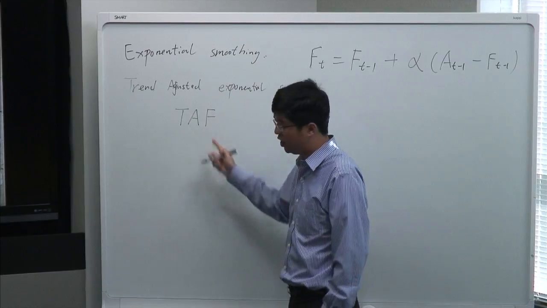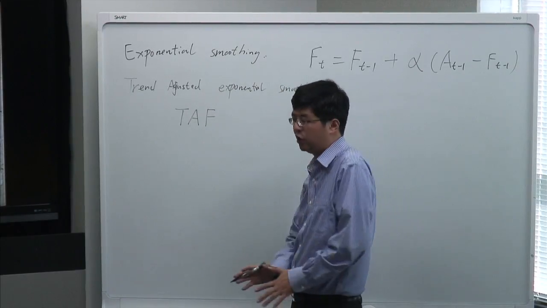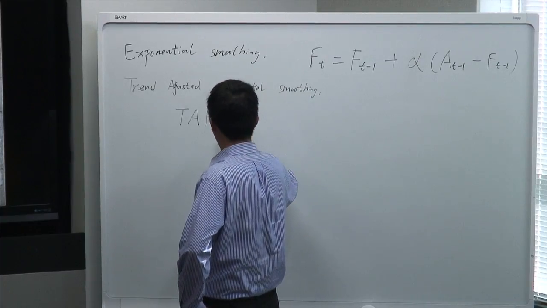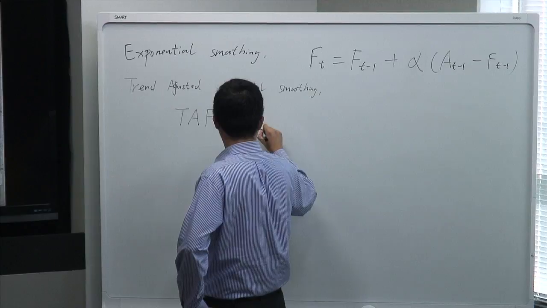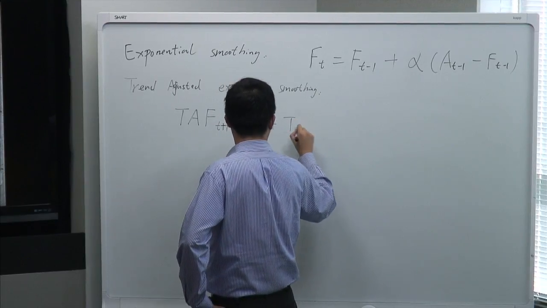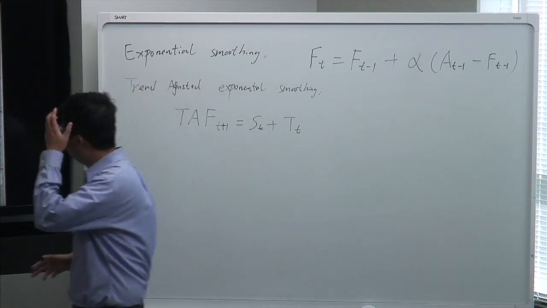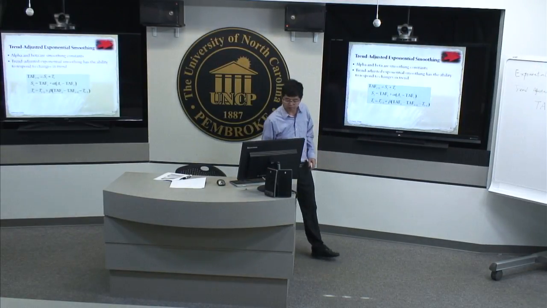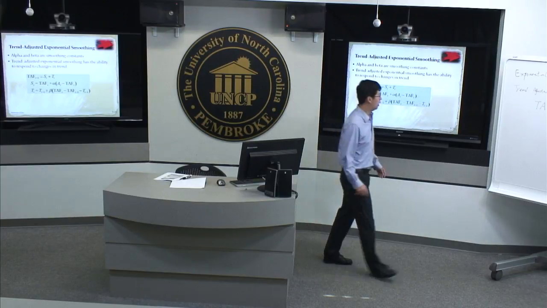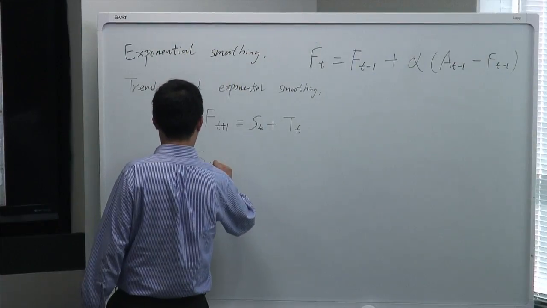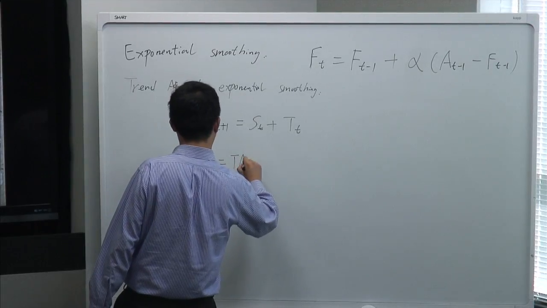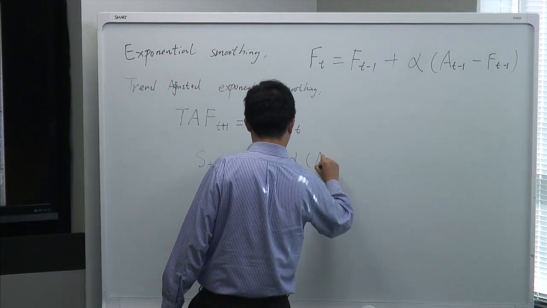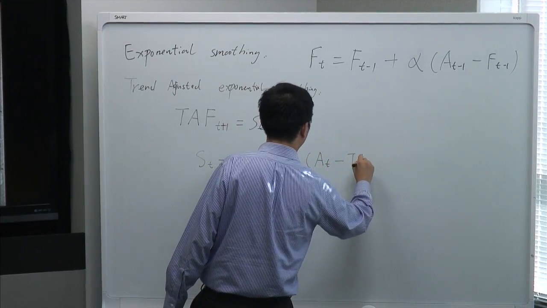But if you use TAF, you know that it's trend adjusted forecast, which means we should use this formula: TAF(t+1) equals S(t) plus T(t). Well, S(t) is the previous forecast plus the smoothed error. Let's see what S(t) is. S(t) is equal to TAF(t) plus alpha times (A(t) minus TAF(t)).